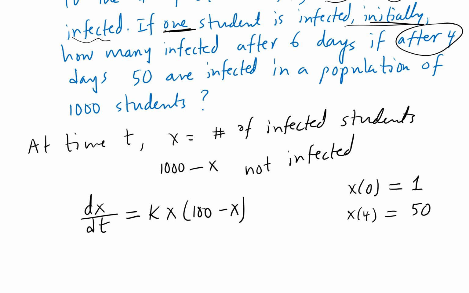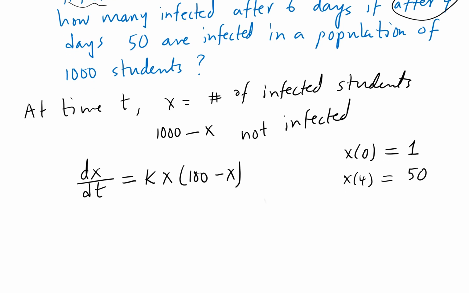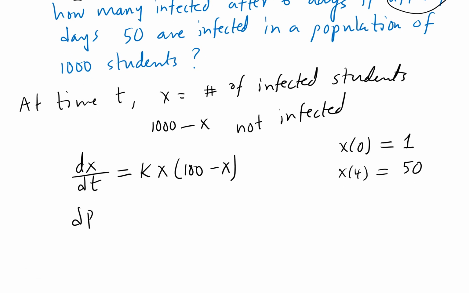And how do we know we're going to use the one that we just learned in this section, this model that we have? Well, let's see, what was the model that we gave you? It was dp dt equals p times a minus bp.